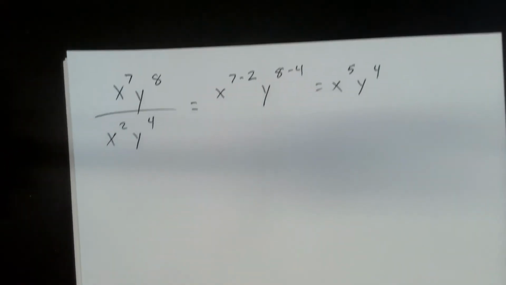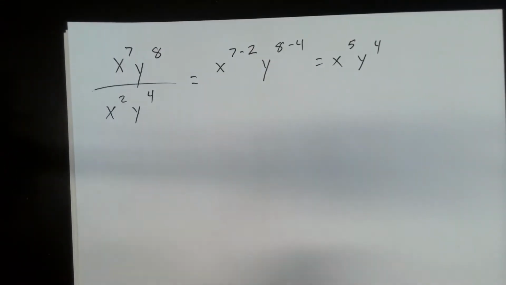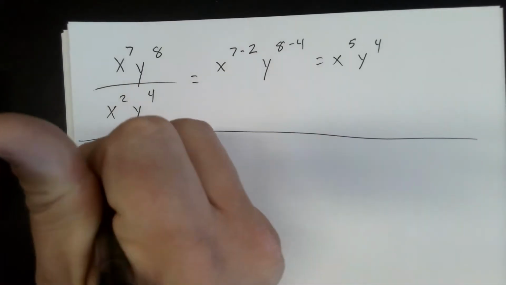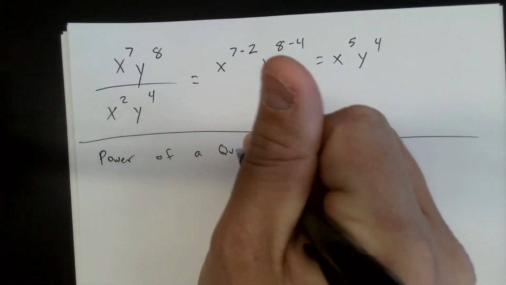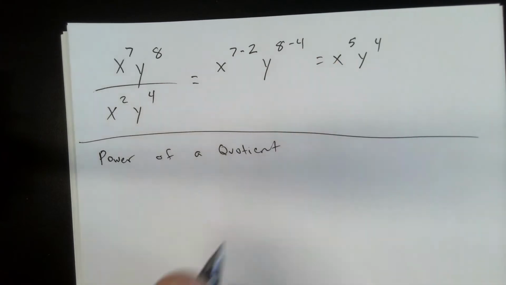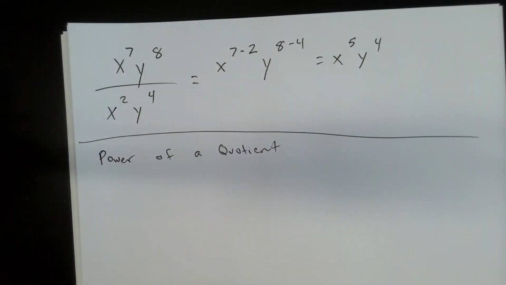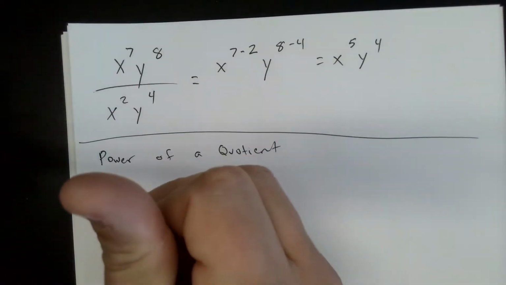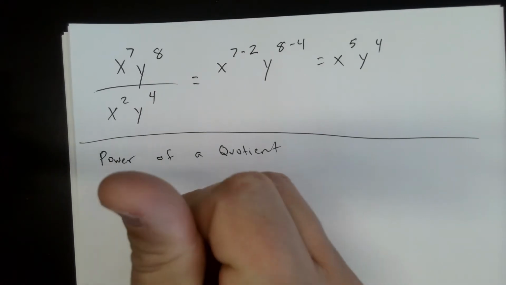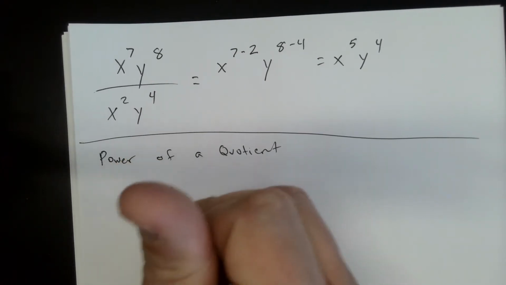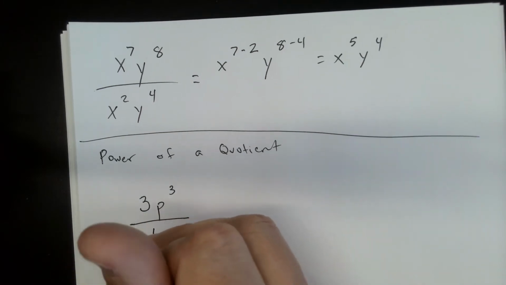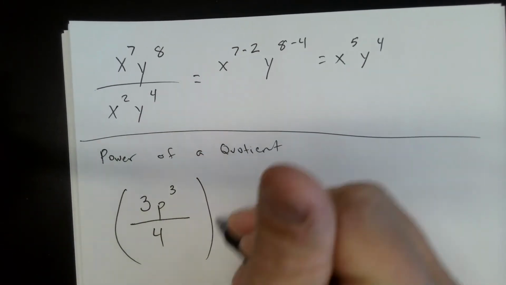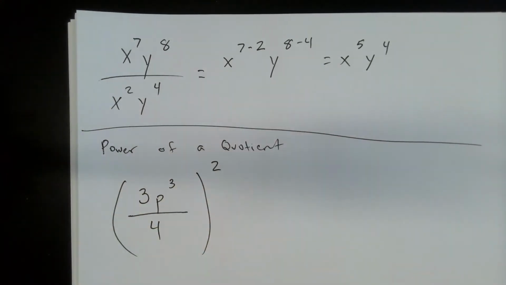Everyone good at that? Okay, the next thing is called the power of a quotient. And I'm actually going to teach it by doing a problem. So let's say we had 3p cubed over 4, and let's say this entire thing is squared.